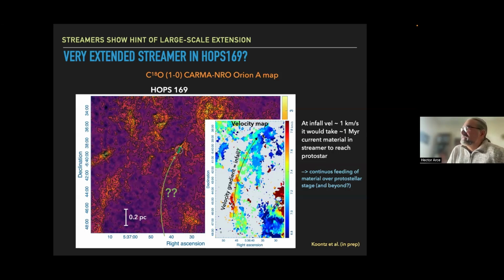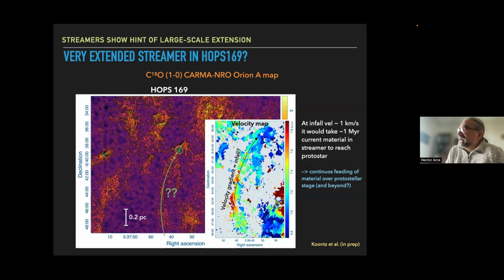That is the general belief, that protostars acquire their material over a time scale of 0.1 to 1 million years. Actually, it's usually more like 0.5 to 1 million years.